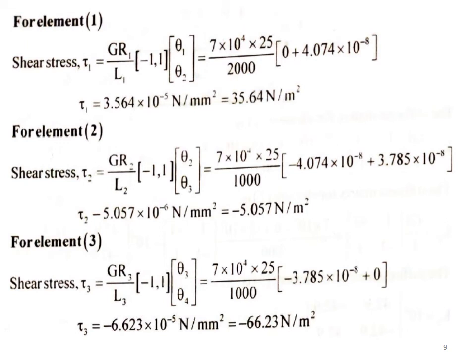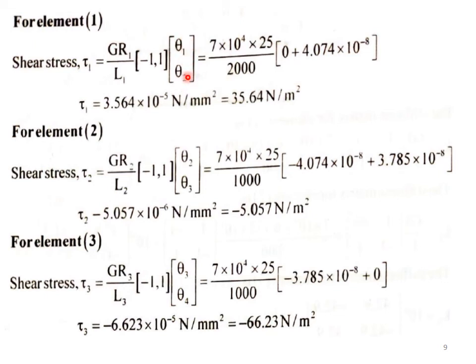Next, we have to find the elemental stresses. For element 1, shear stress tau 1 is equal to G R1 by L1, [1, -1; -1, 1] into theta 1, theta 2, because theta 1 and theta 2 are the angles of twist of element 1 at node number 1 and 2.